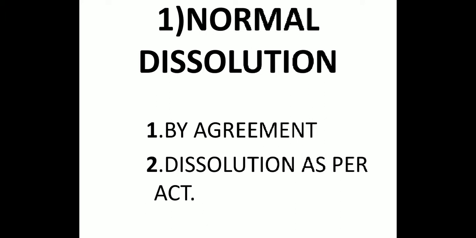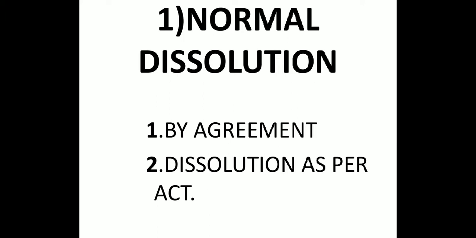The second condition under this heading is when the business of the firm becomes illegal, and that too brings an end to the partnership firm. Obviously, you cannot carry out any business activity which is illegal.